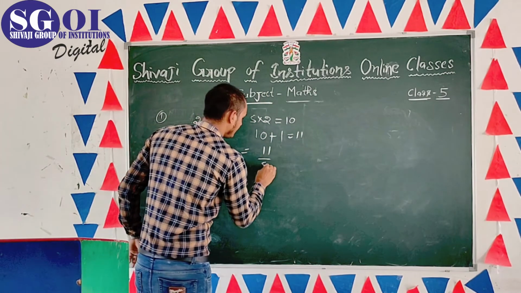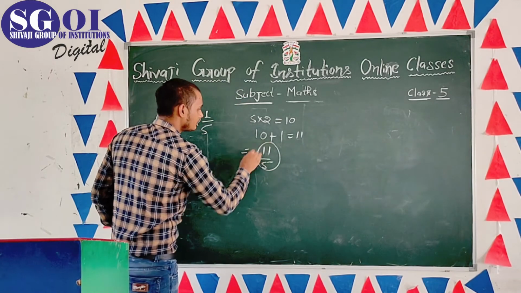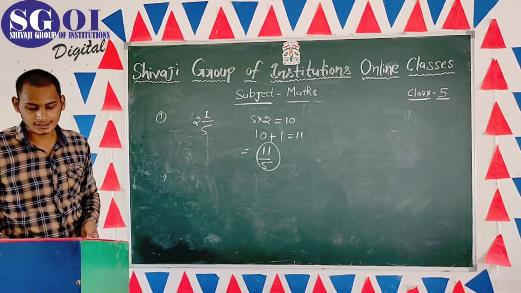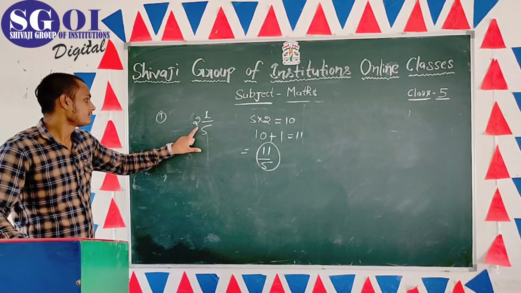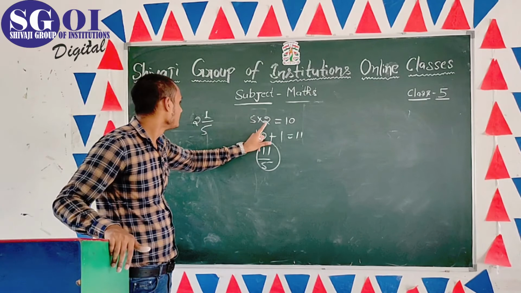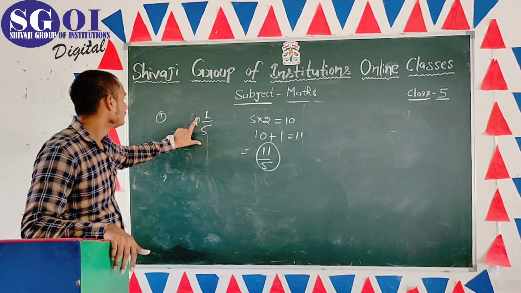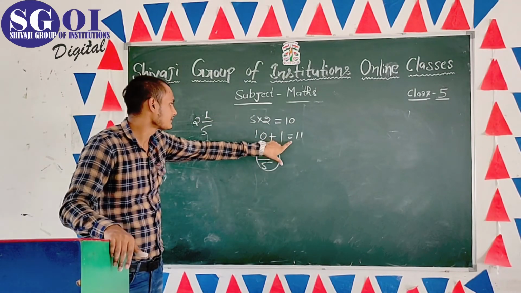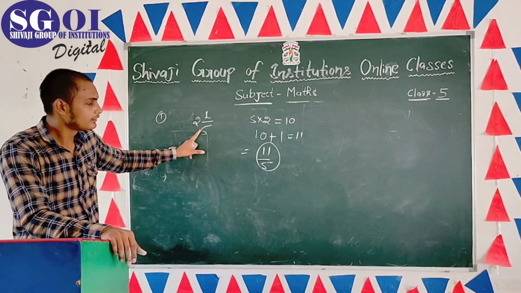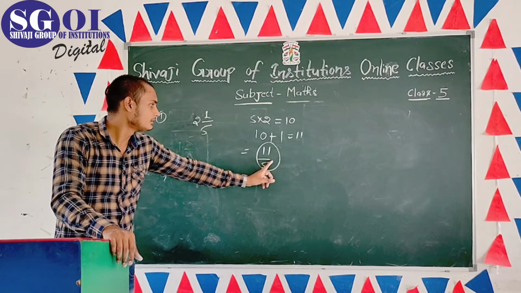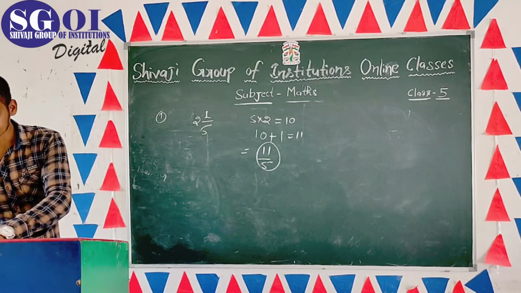Then we got the answer 11 upon 5. How? First we multiply 5 by 2, which is 10, and we add 1. 10 plus 1 is equal to 11, and we got the answer 11 upon 5.